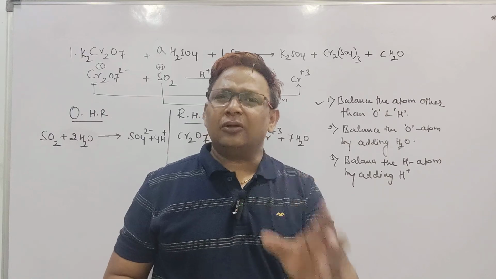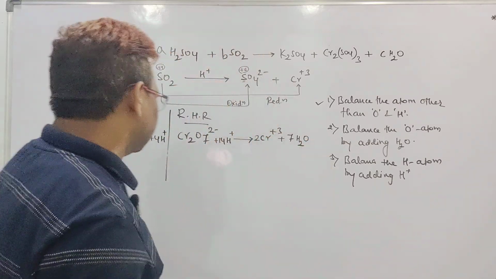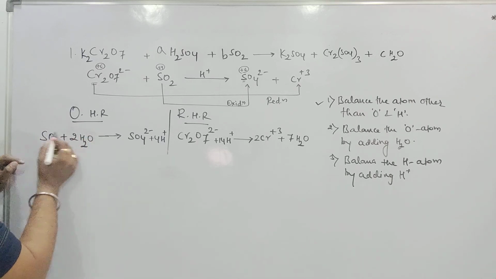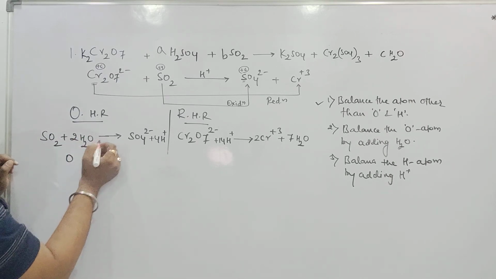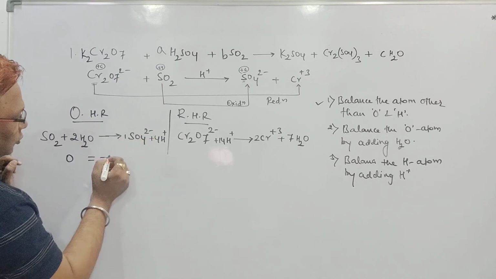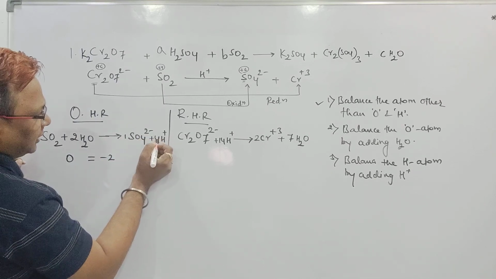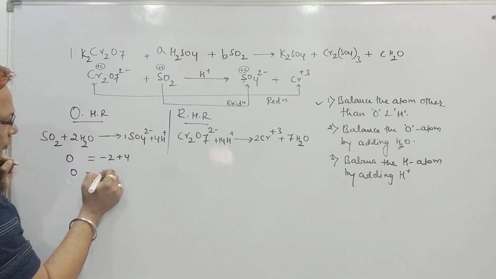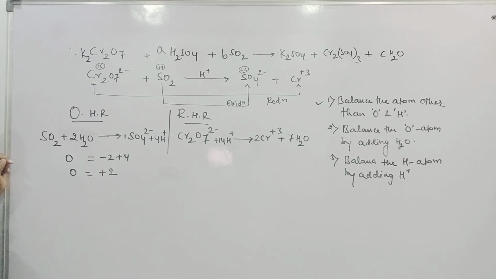I'll tell you a small trick over it. This trick is more than enough. See here, beta, balance the charges. We don't have any charge on this side, so 0. Arrow means equal. Here minus 2 into 1, so minus 2, plus 1 into 4, plus 4. Beta, 0 equals minus 2 plus 4, which becomes plus 2.